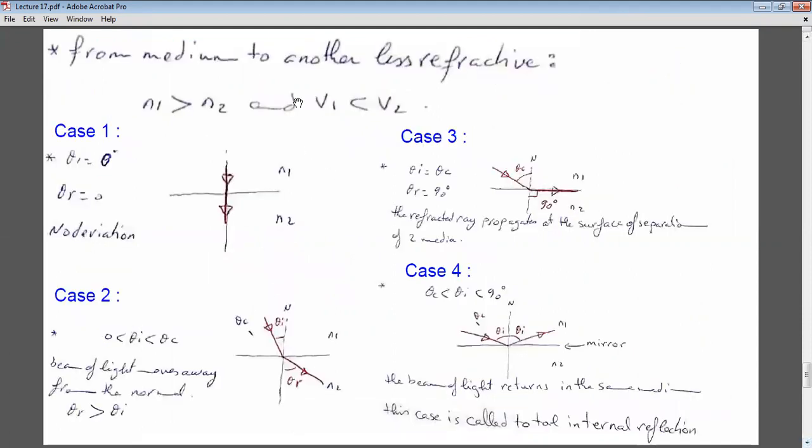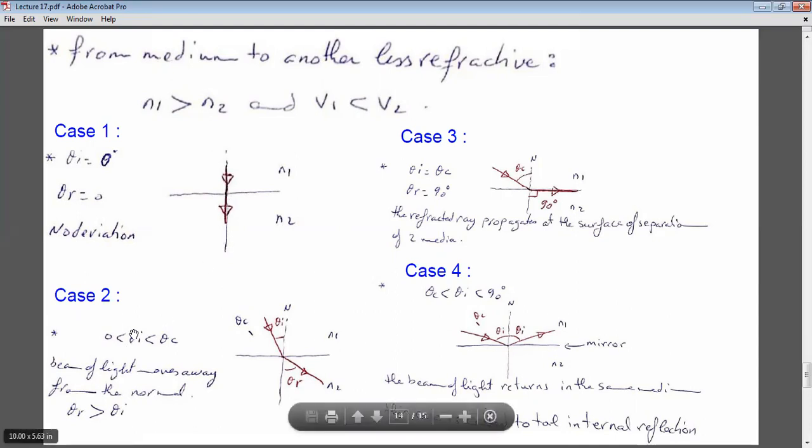Now, what happens if we go from one medium to another less refractive? That is, n1 is higher than n2 and v1 less than v2. The first case is the same. If theta incident is 0, theta refracted is equal to 0. If theta incident is between 0 and theta critical, the beam of light will move away from the normal.